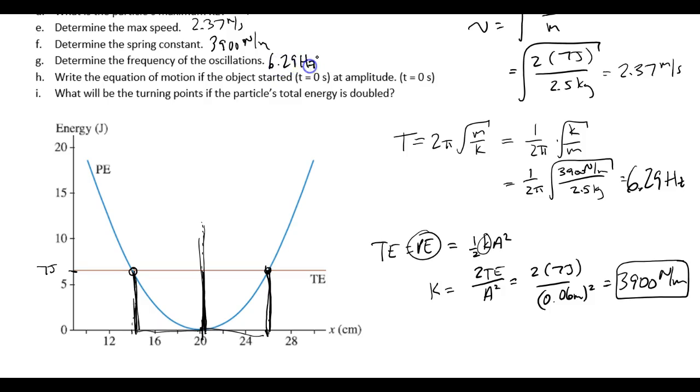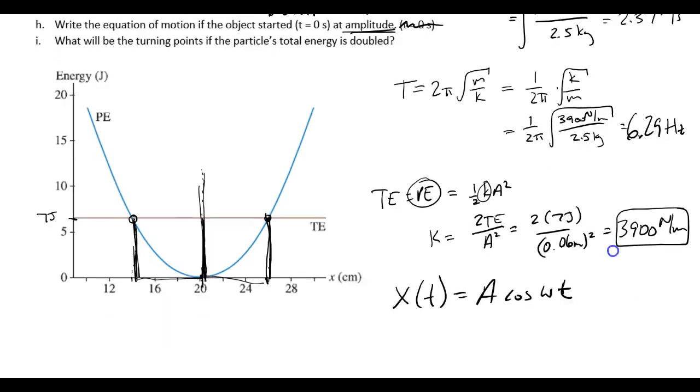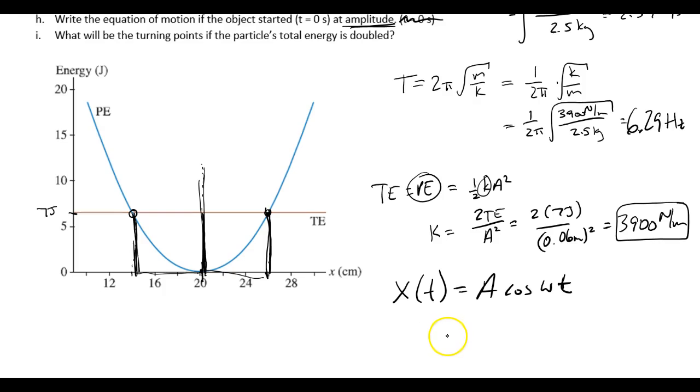6.29 hertz. It says write an equation of the motion if the object started at t equals 0 seconds at amplitude. So what we're going to do is start at amplitude at t equals 0. So we want the cosine function. So x as a function of time is equal to A cosine omega t. We don't have to worry about phase because we're starting at amplitude at t equals 0 seconds. We know that omega is equal to 2 pi f.